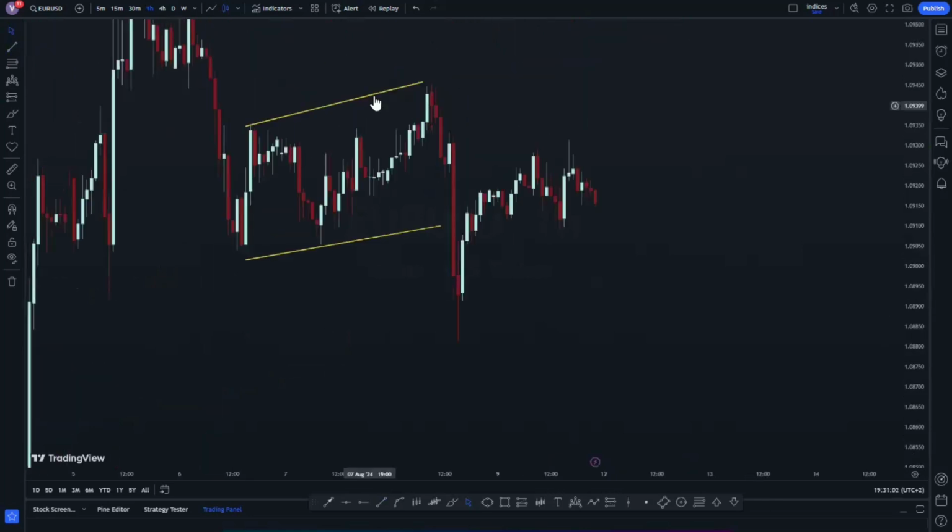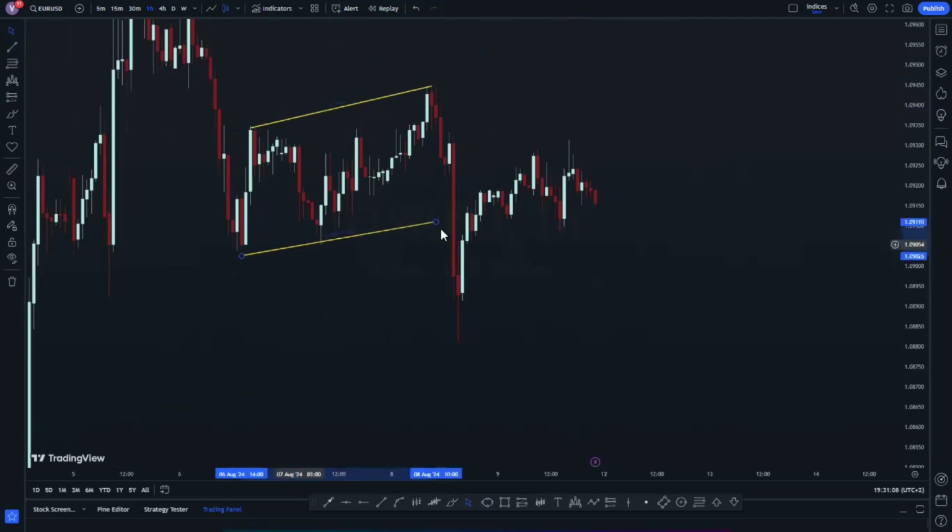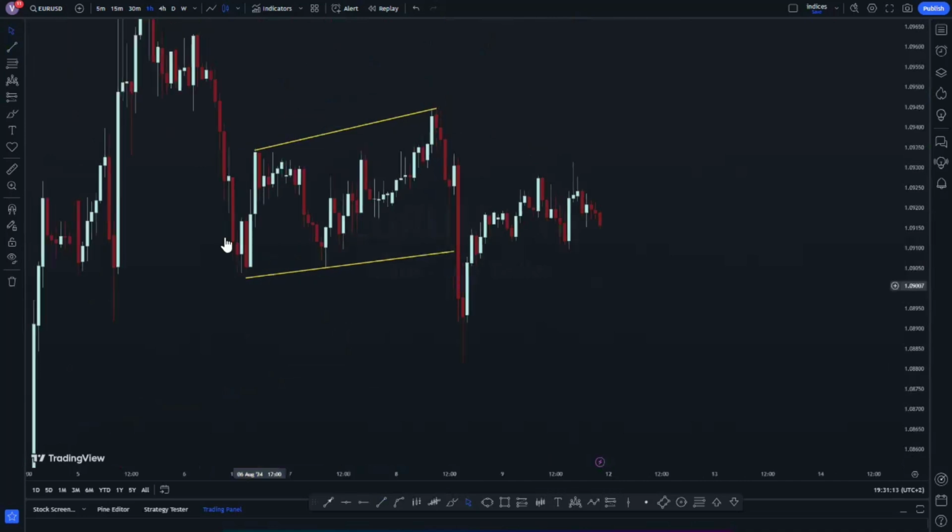Let's fix our trend lines. As you can see, this is a 1 hour time frame. We had a 2-touch continuation, but inside this structure we also have a 1 2 3.